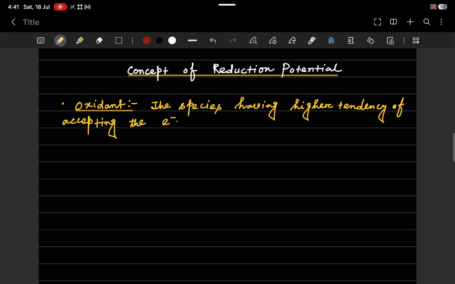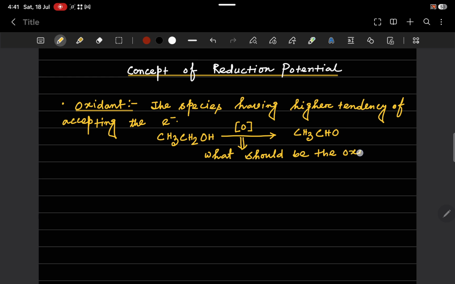But my question is, if we are performing an organic reaction and using a particular oxidant to oxidize, let's say, an alcohol to some species, let's say acetaldehyde, what should be the oxidant to drive the reaction towards the forward direction?